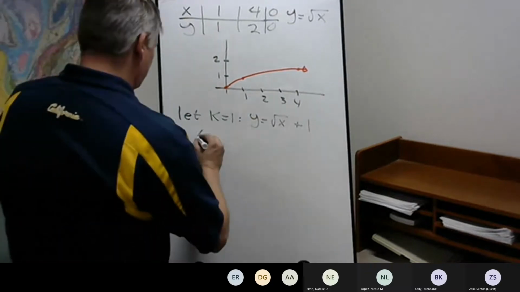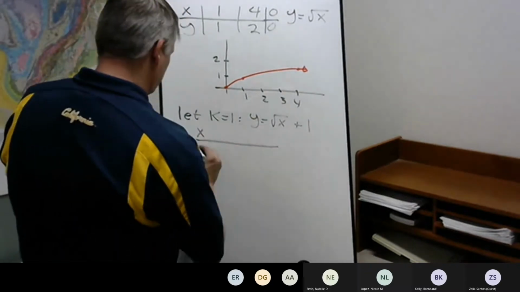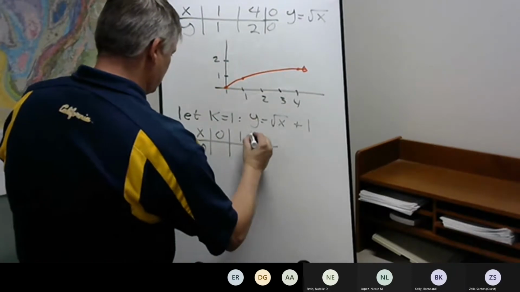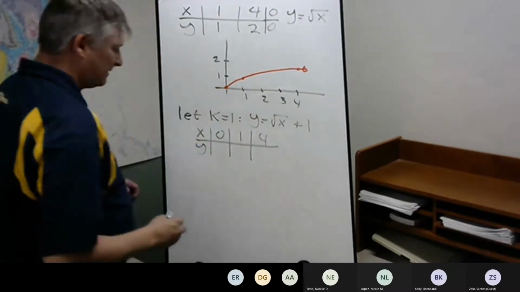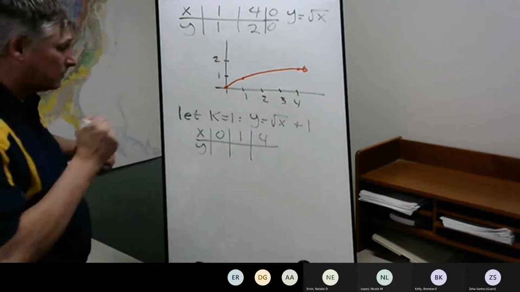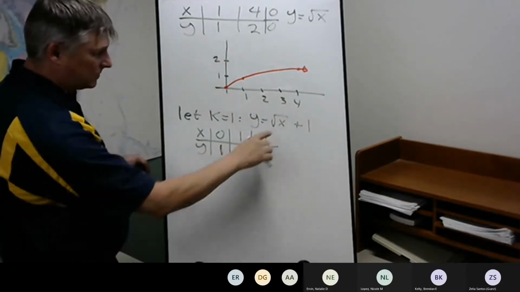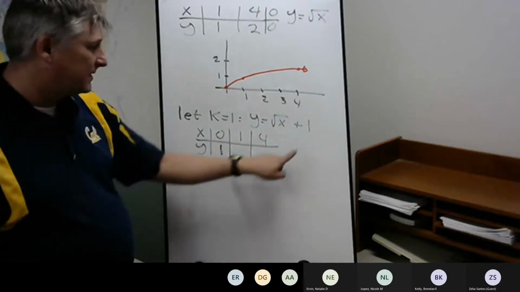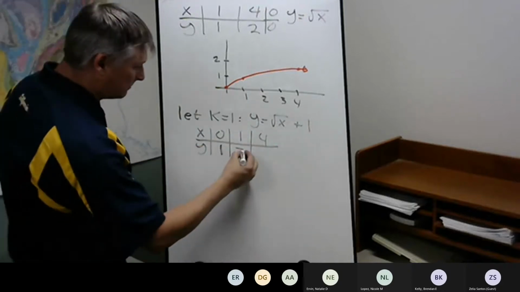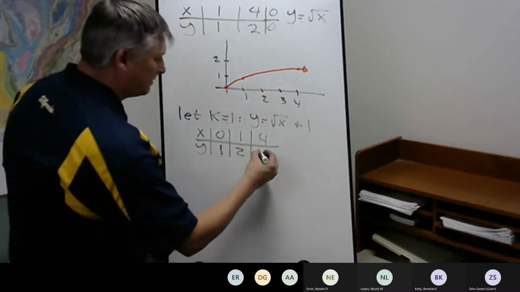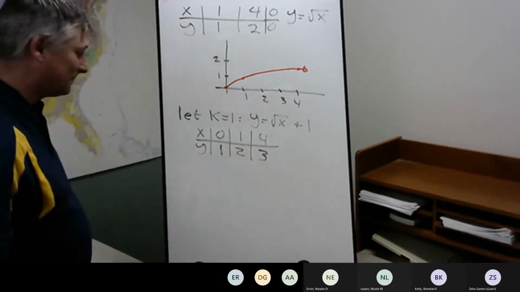Well, again, in this case, square root of 0 is 0, plus 1 is going to be 1. Square root of 1 is 1, but then add that 1, you get 2. Square root of 4 is 2, add that 1, we're going to get 3.